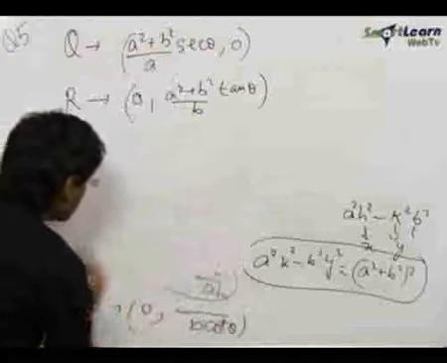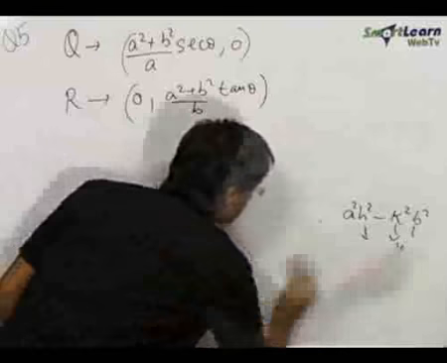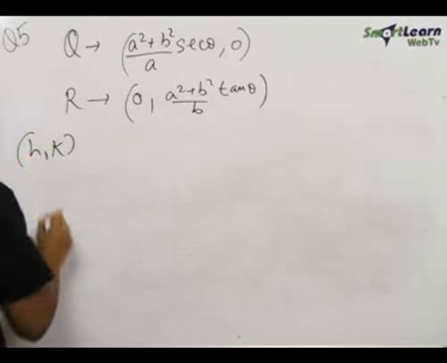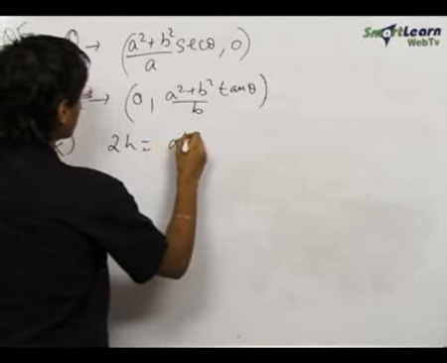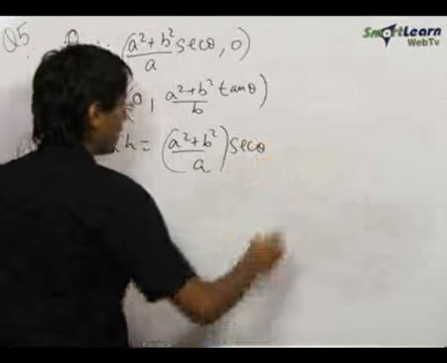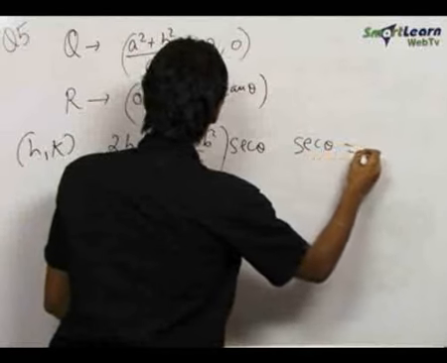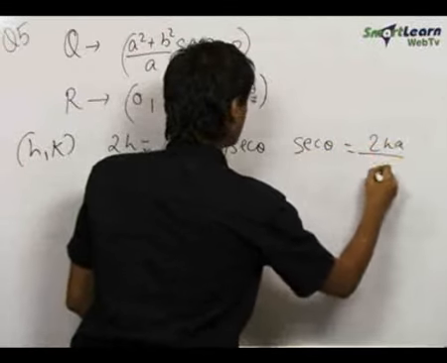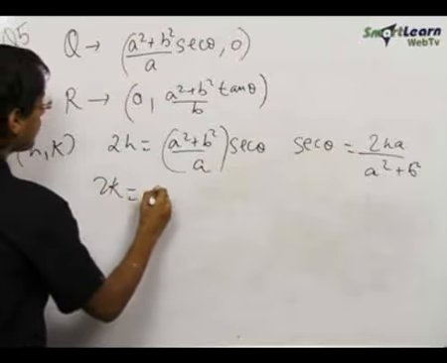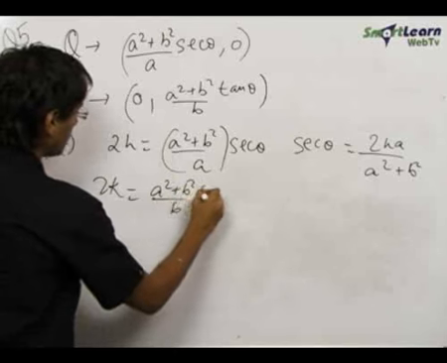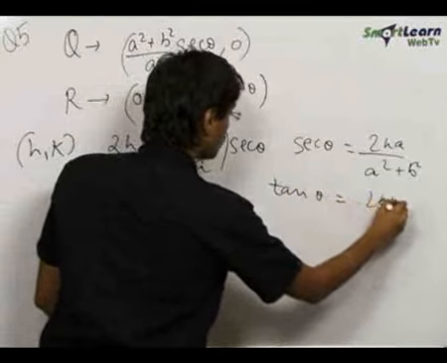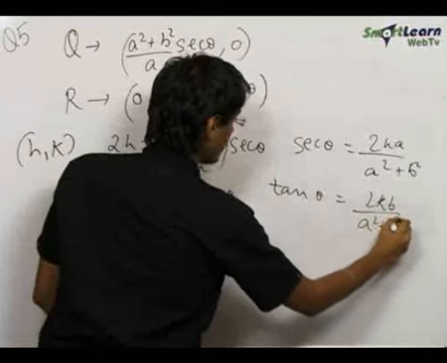So this locus can be very easily found out in the similar fashion as we did for the locus of point L. If the locus of midpoint is h comma k, we have 2h is equal to a square plus b square by a sec theta. Hence we obtain sec theta to be equal to 2ha upon a square plus b square, and 2k is equal to a square plus b square by b tan theta. So tan theta comes out to be equal to 2kb upon a square plus b square.